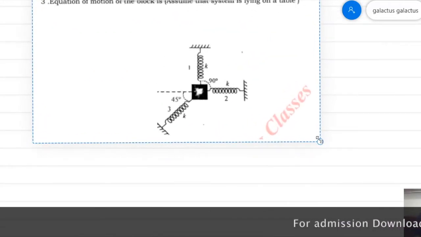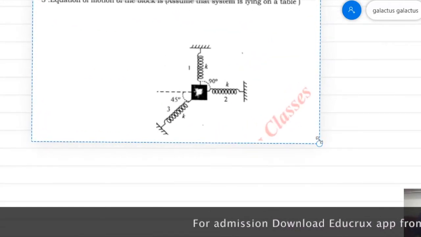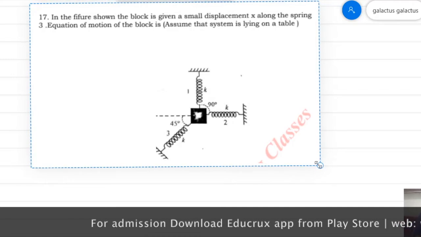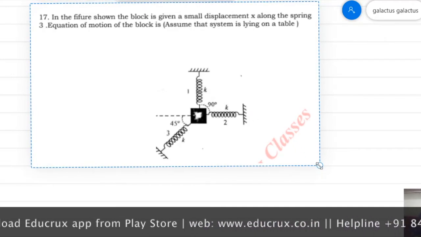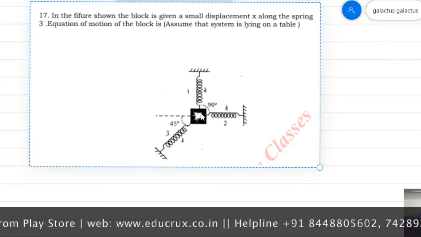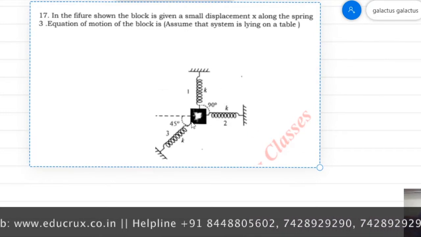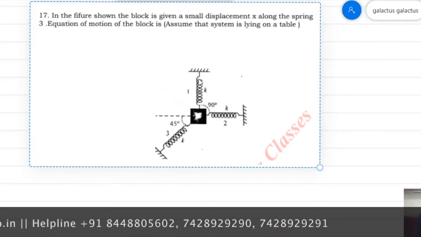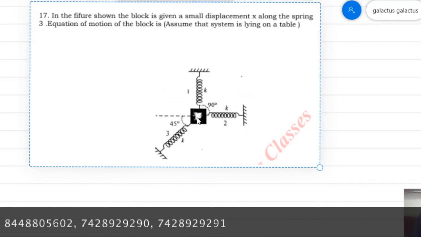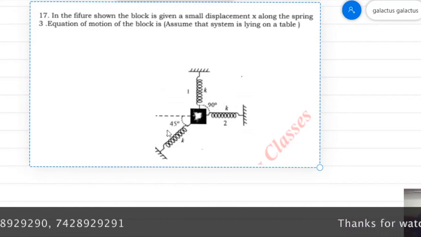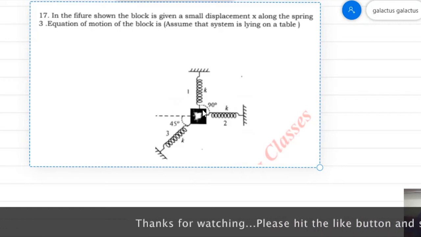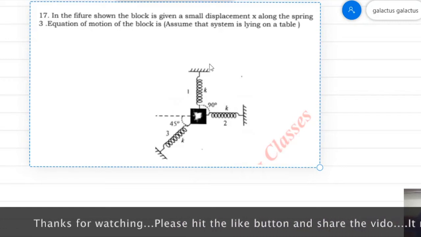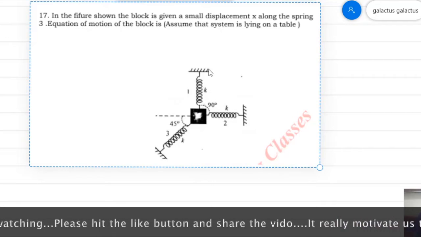In question number 17, we are given a three spring and a mass system, and the configuration of the system is like this. We are asked, if I displace the third spring by a displacement x, what will be the equation of motion? So this is the configuration of the system.